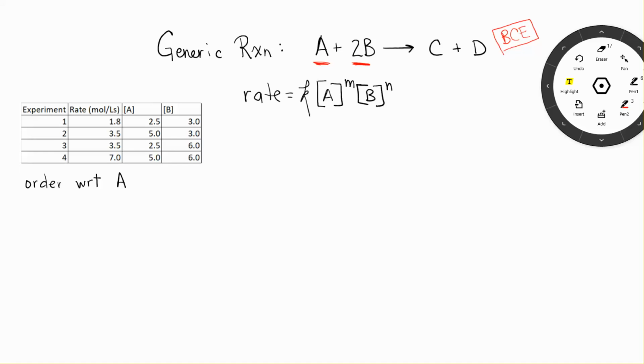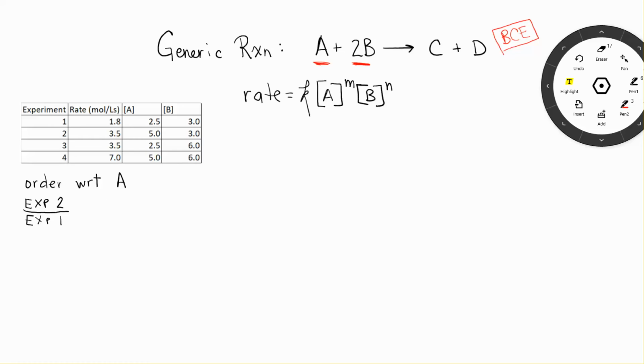So we're going to use the ratio of the rates is equal to the ratio of the concentrations to the order. So we're going to look at experiment 2 over experiment 1 because B is held constant. And I put experiment 2 on top just because it's a bigger number. So we're going to deal with whole numbers and not fractions. So it's the ratio of the rates.